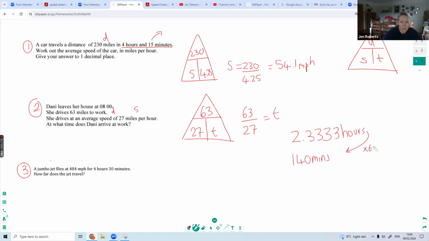So how many hours, how many minutes is that? Well, there's 60 minutes in an hour. 2 hours will take us to 120 minutes. And if we're on 120 minutes, we've just got 20 minutes left over. So it's 2 hours, 20 minutes. She leaves the house at 8 o'clock. So we've got 9, 10, 10:20.